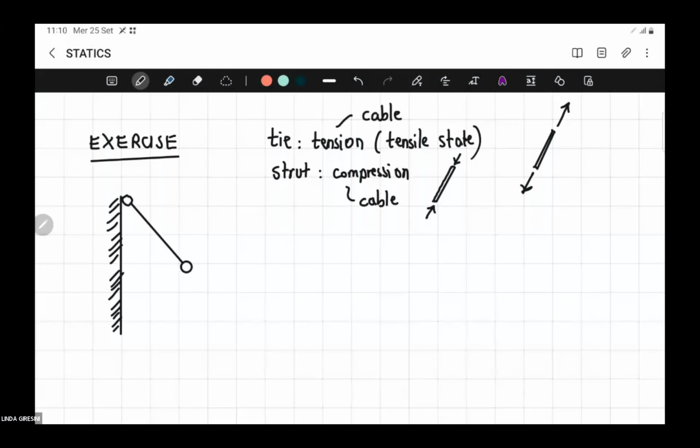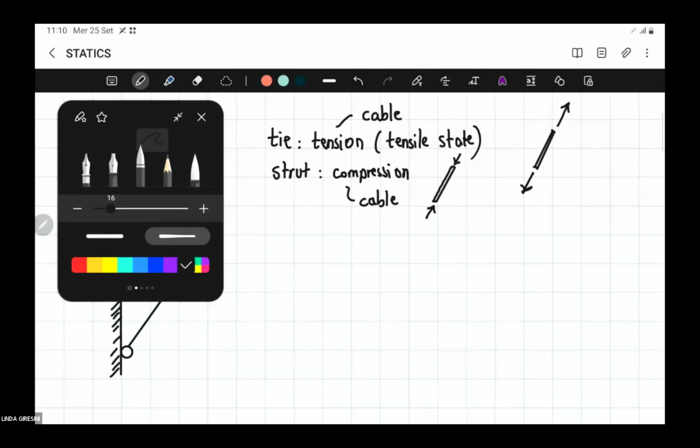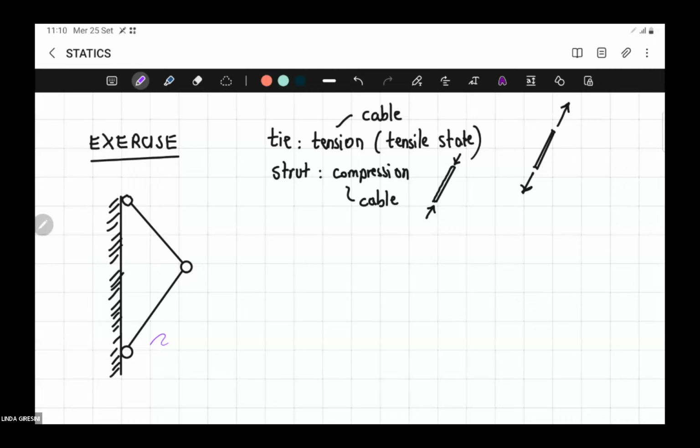So we have two cables. One is this one and the other one is this one. They are both attached to the wall. They have a specific inclination. We have two angles. One is alpha and the other one is beta.